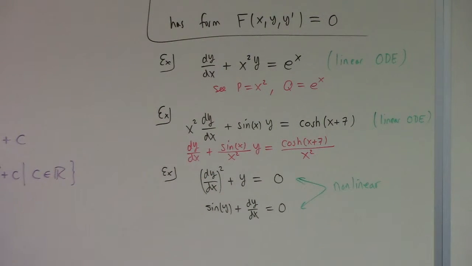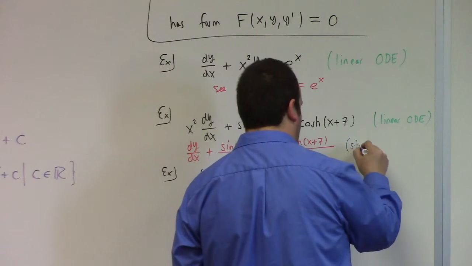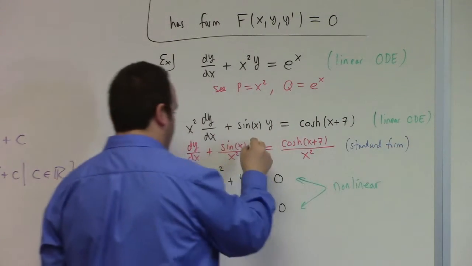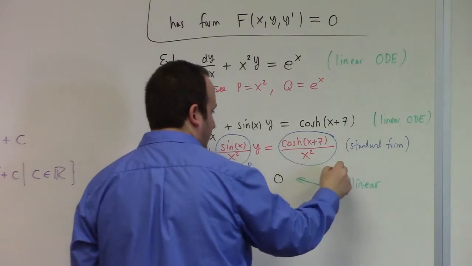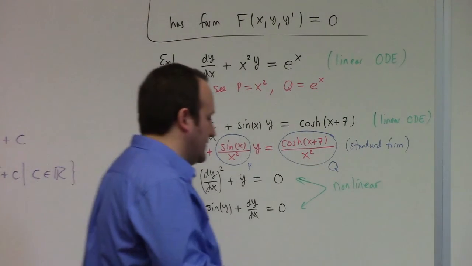Now that I've put it in standard form, I can tell you what the P and the Q are. This guy right here is P, and this character over here is the Q. And for my last example, those are nonlinear ODEs. They fall outside our realm. I say continuous, but in truth, this actually still makes sense for piecewise continuous. But we'll just stick with continuous.